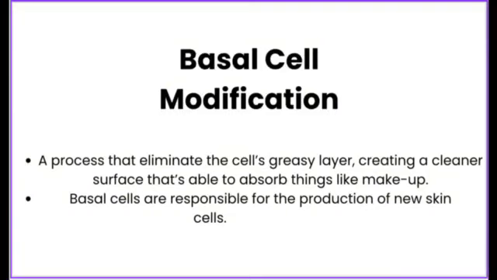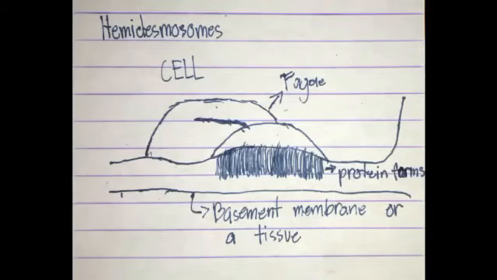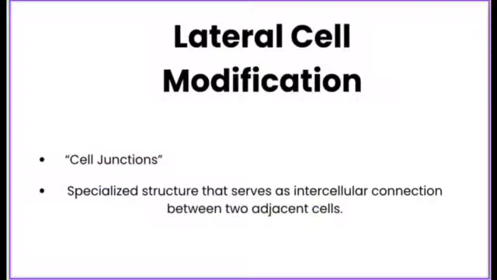A good example of basal modification can be seen in the hemidesmosomes, which help with attachments or cellular adhesion. The hemidesmosomes attach a cell to extracellular structures such as protein fibers in the basement membrane. And that is all for basal modification.